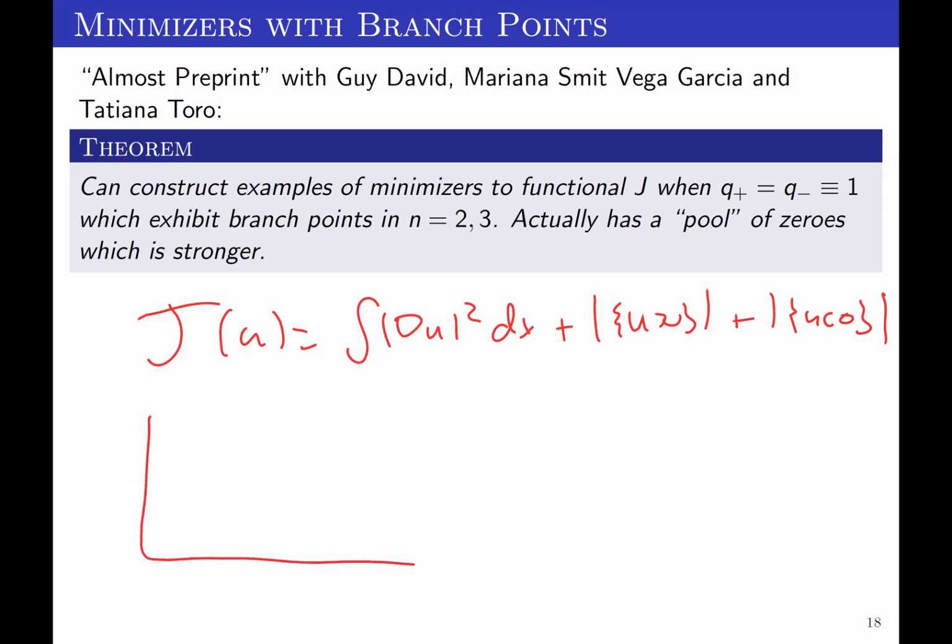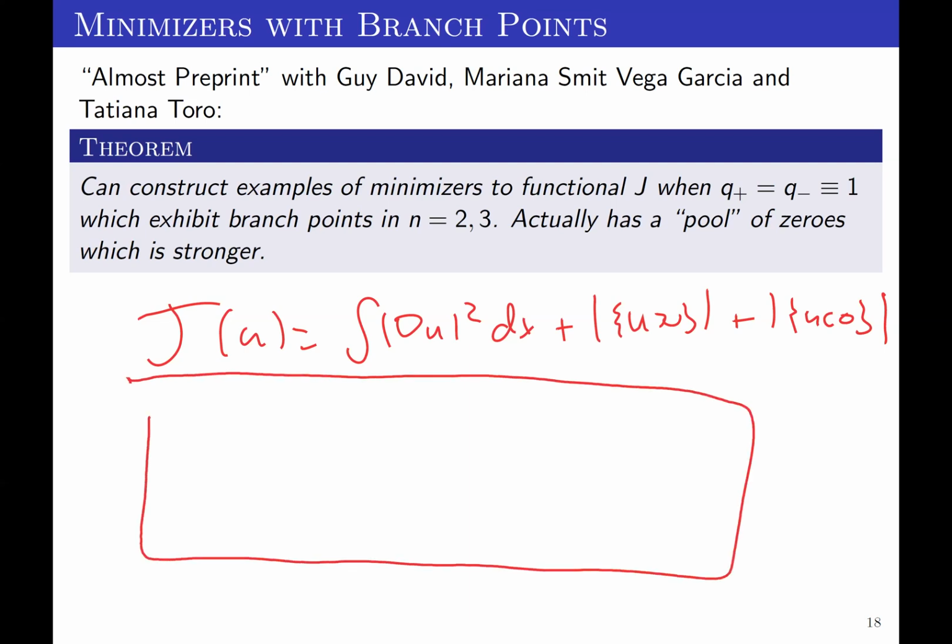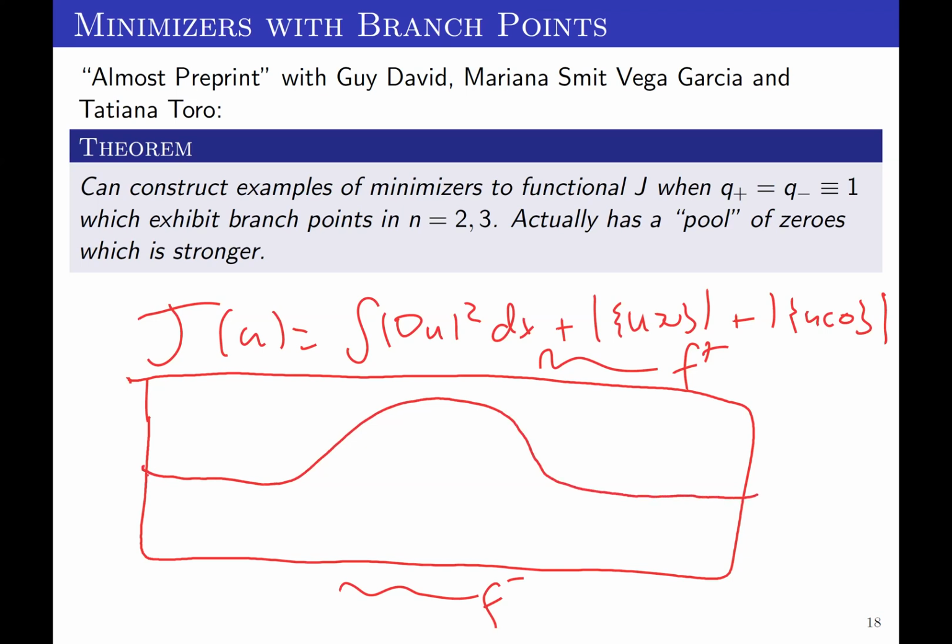And we construct a domain, which is a long, thin box, and boundary values on the top and the bottom of the box. So maybe I'll call it F plus and F minus, such that the minimizer to this functional, which achieves these boundary values, has the following shape. So here U is equal to 0, here U is positive, and here U is negative.